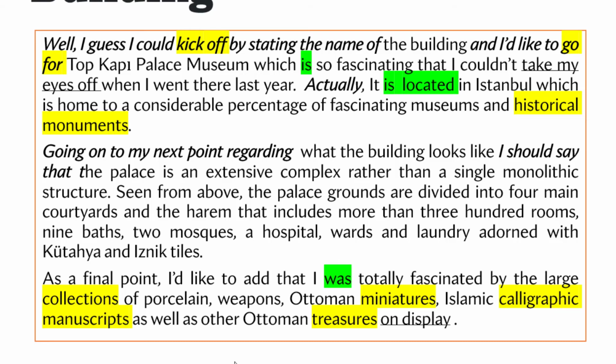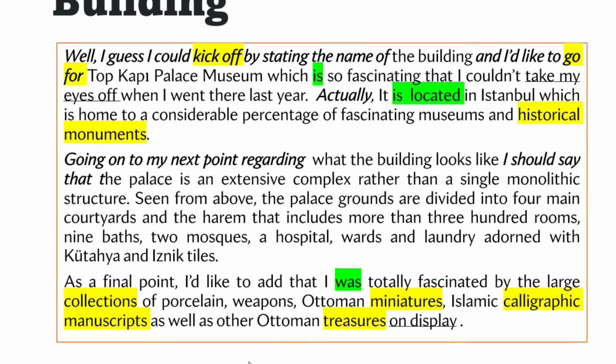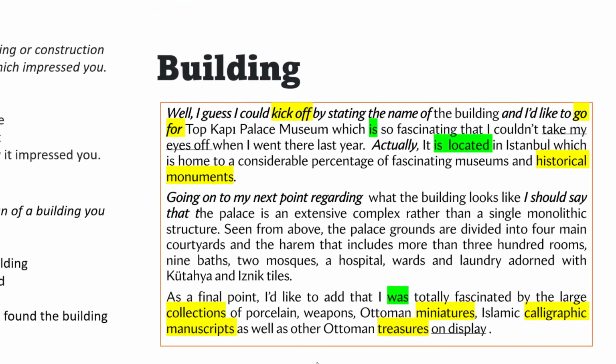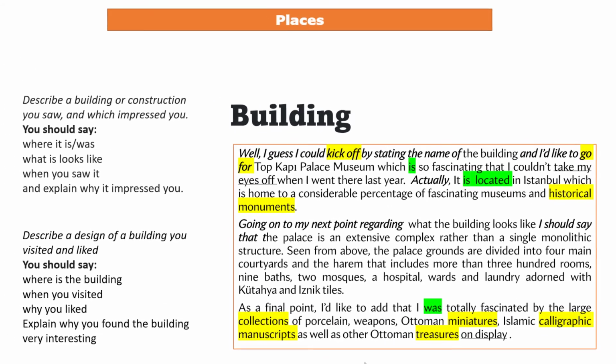As a final point, I'd like to add that I was totally fascinated by the large collections of porcelain, weapons, Ottoman miniatures, Islamic calligraphic manuscripts, as well as other Ottoman treasures on display.